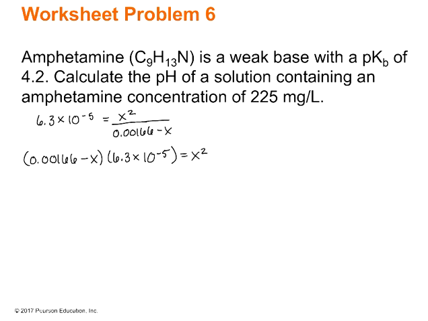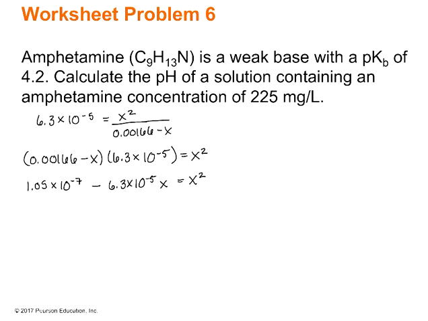All right, so we should find that we have 1.05 times 10 to the negative 7th minus 6.3 times 10 to the negative 5th x is equal to x squared.